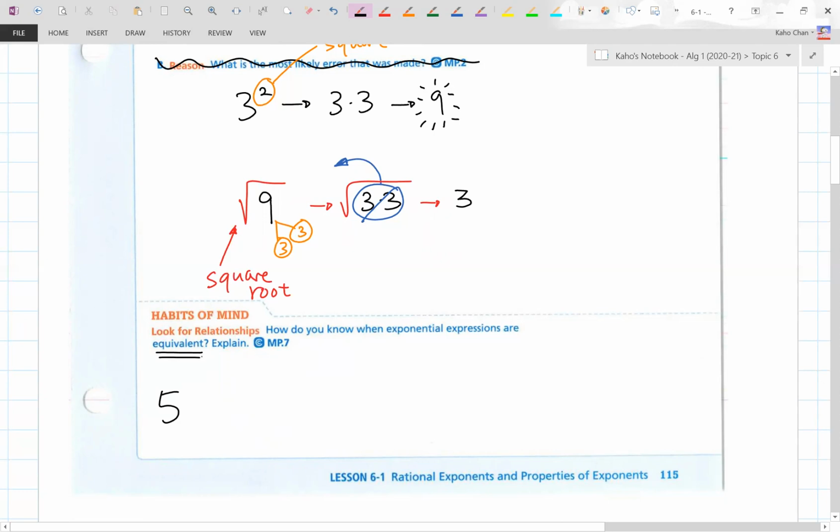What if I have 5 to the x plus 1 equals 5 to the 4th power? Wow, I just threw something crazy at you. Now, before you go worrying about this whole thing, notice it's an equation. Yeah, there's an equal sign. And you notice that the bases are the same.